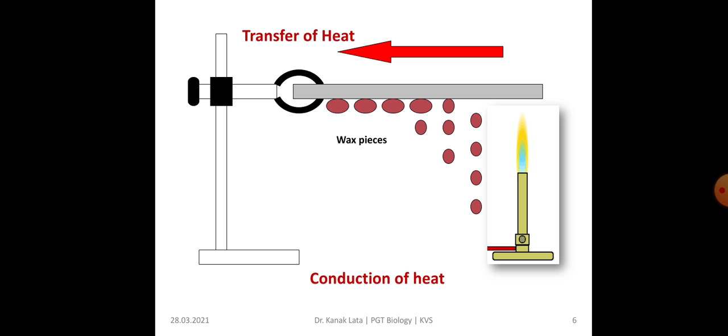You can see how the wax pieces are falling. First the wax which is close to the burner falls, and then later all the wax pieces fall down as the heat is transferring from the hotter to the colder region. So this shows the conduction of heat.